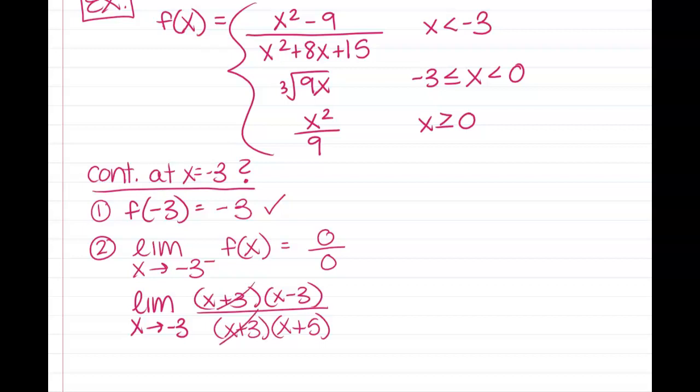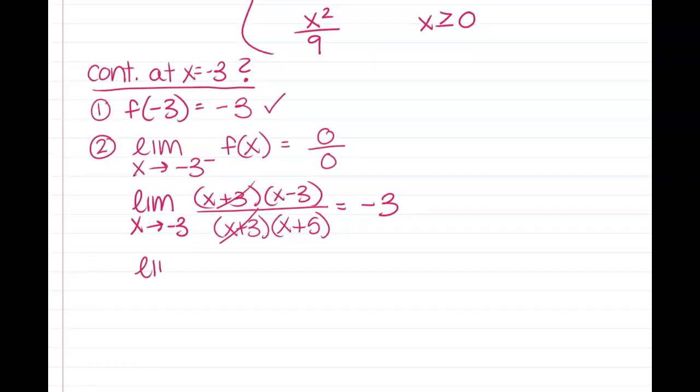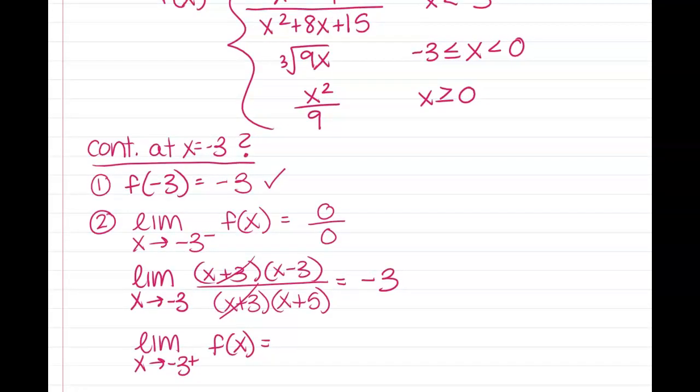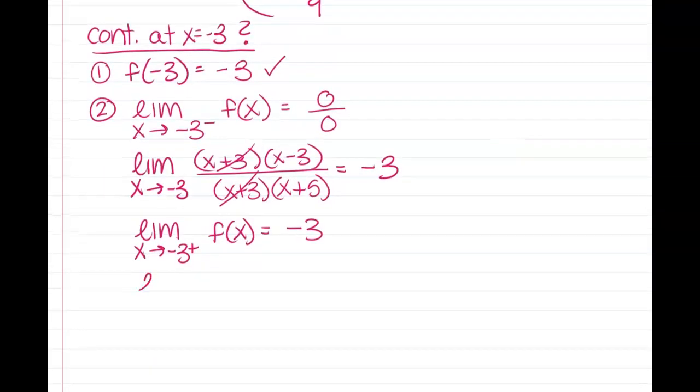If we plug negative 3 in here, we get negative 6 over 2, or negative 3. Now the limit as x approaches negative 3 from the right of f of x will be this middle one, so the cube root of negative 27, which is negative 3. Those limits match, so the limit as x approaches negative 3 of this function is negative 3.